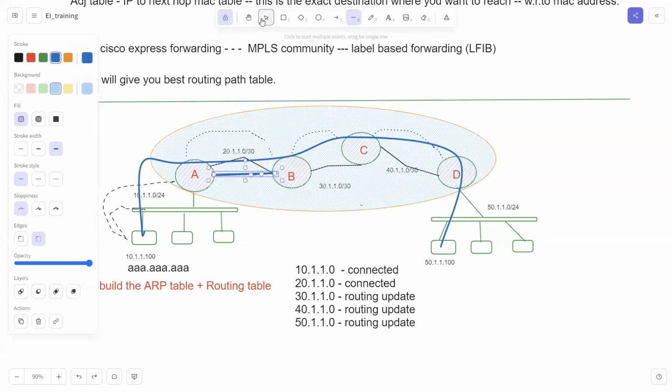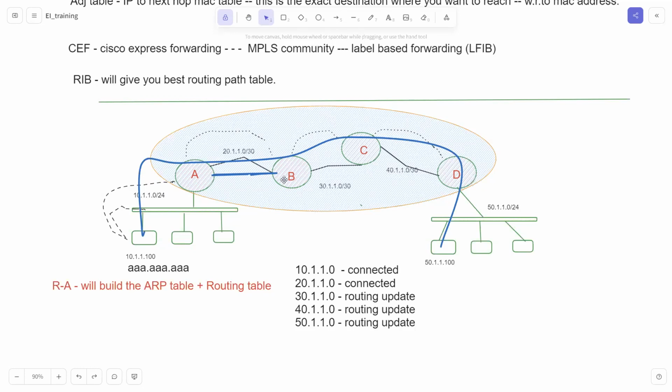Router A must know the physical address of router B, and B that of A. You have to know the next hop address, the next hop physical address, which is nothing but the MAC address.